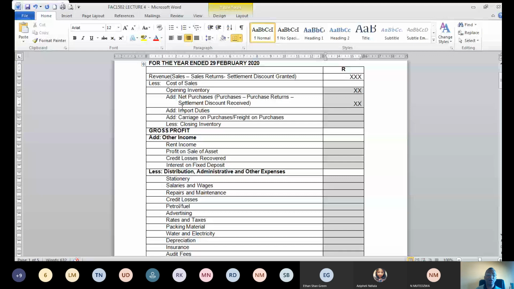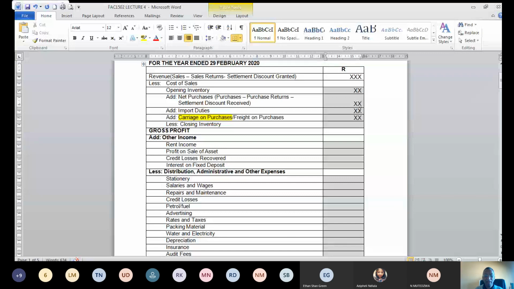So it can consist of import duties or carriage on purchases or freight on purchases. Any expense that you incur in getting the stock to you will be part of your cost of sales. So if there's import duties, we will add that. If you've got carriage on purchases, you will add that.